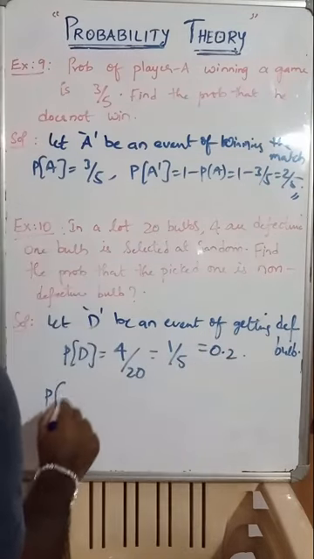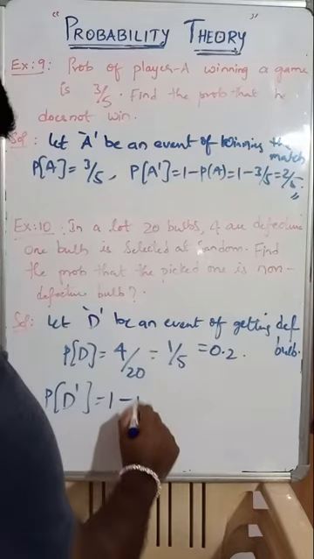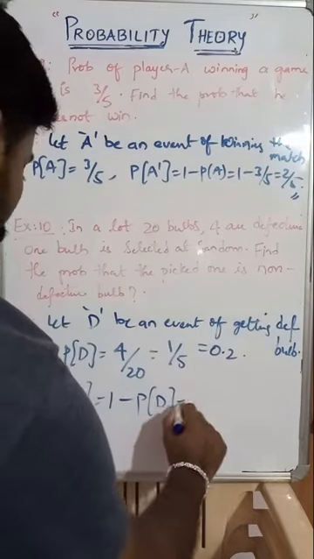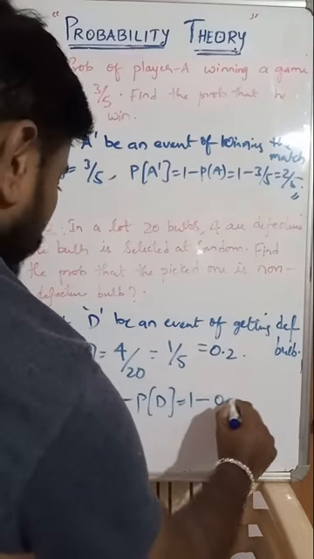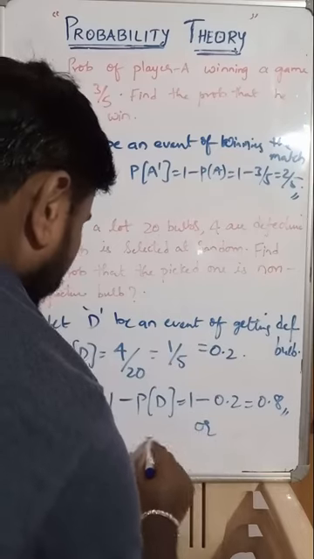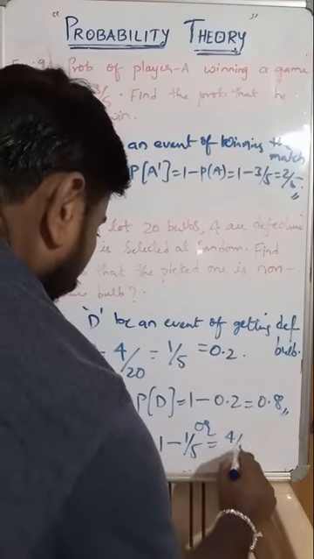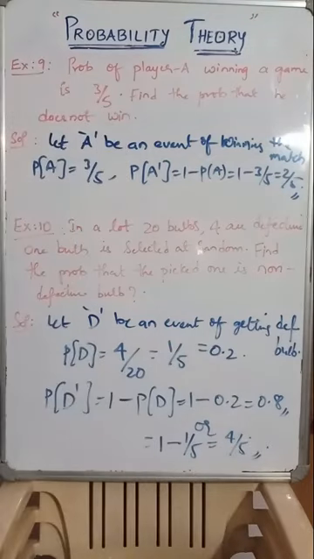Now, probability of D dash, they are asking it. Non-defective bulbs, they are asking it. Non-defective bulbs means 1 minus defectives. If you remove, 1 minus 0.2, the answer is 0.8, or 1 minus 1 by 5, 4 by 5 is the answer.